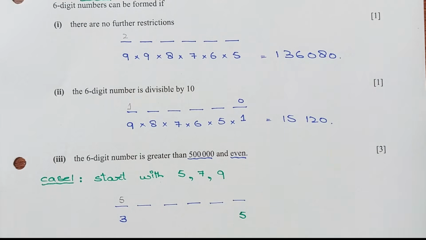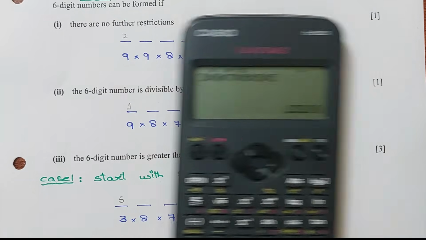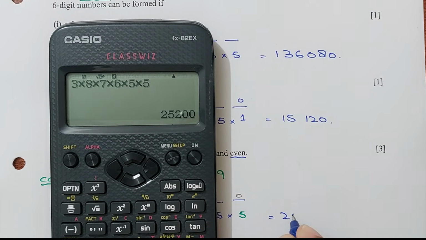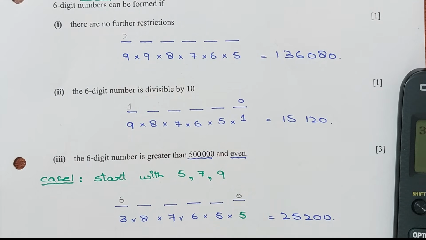If I took 5 and 0, 8 options are left for the second digit, and then 7, 6 and 5. Let me multiply: 3 times 8 times 7 times 6 times 5 times 5 gives 25,200.